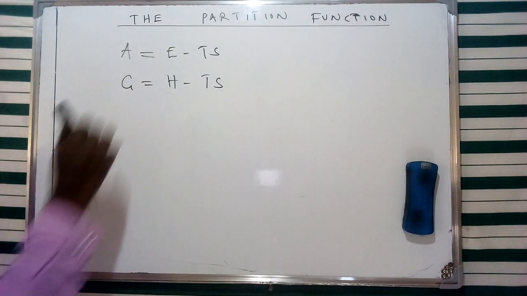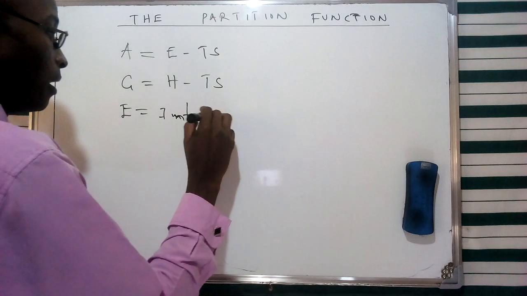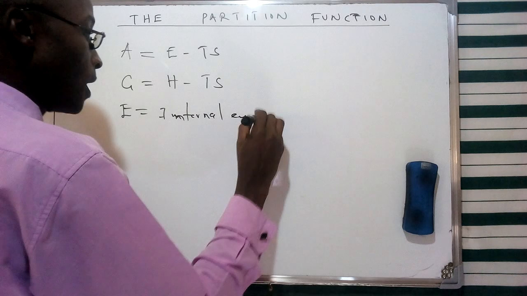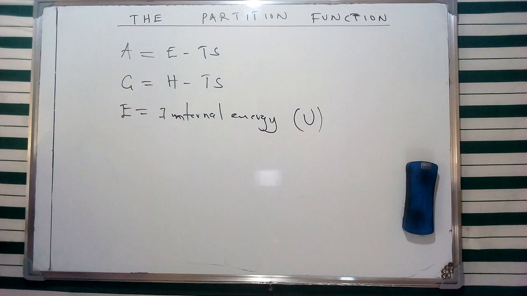And of course, we can list others. This one implies internal energy, and we're going to rely heavily on it in this concept of the partition function, represented as U in this specific case.